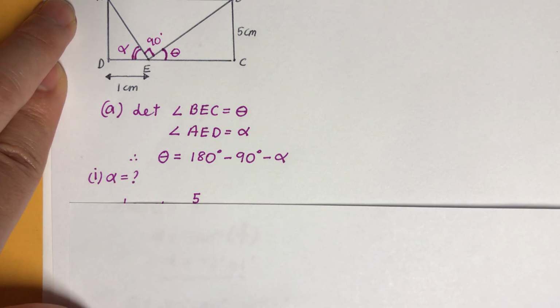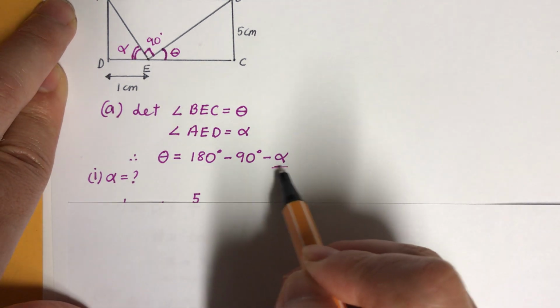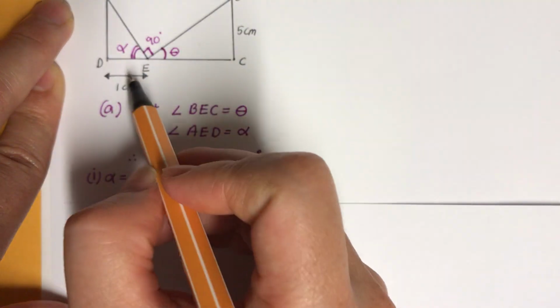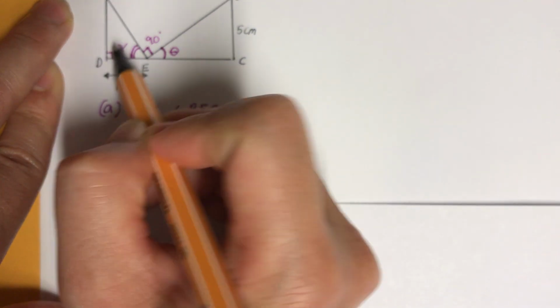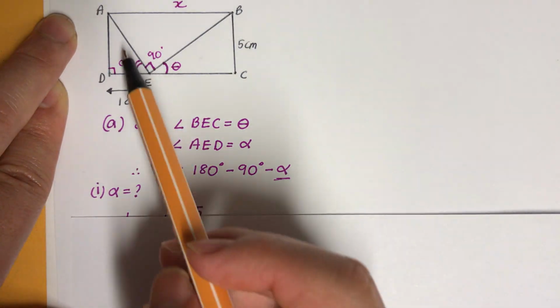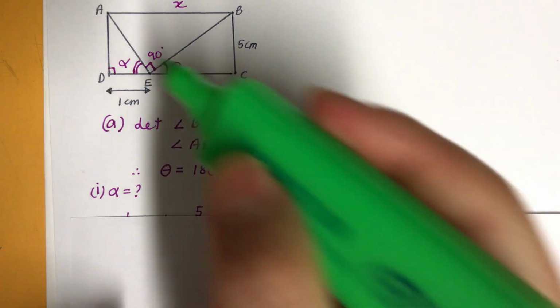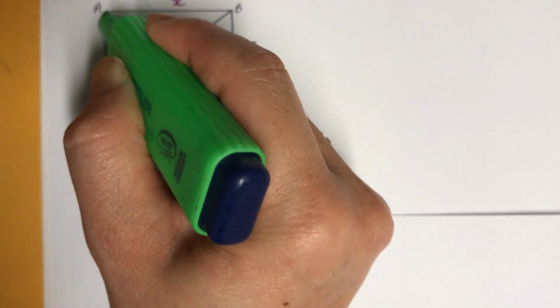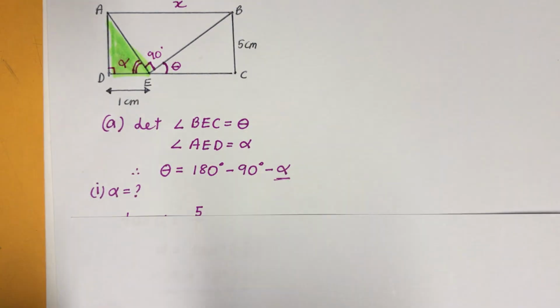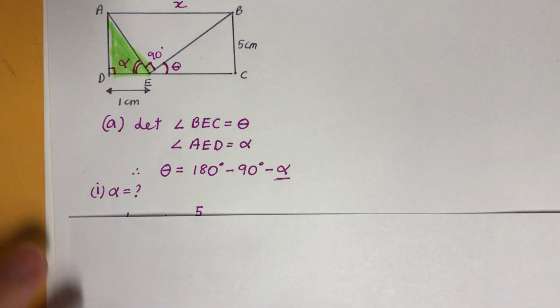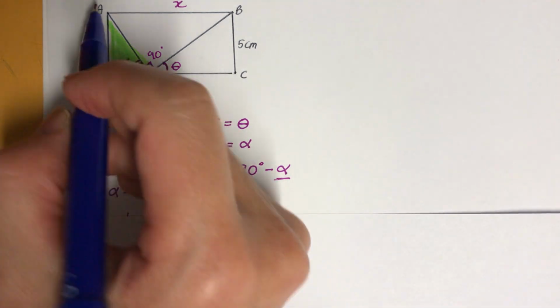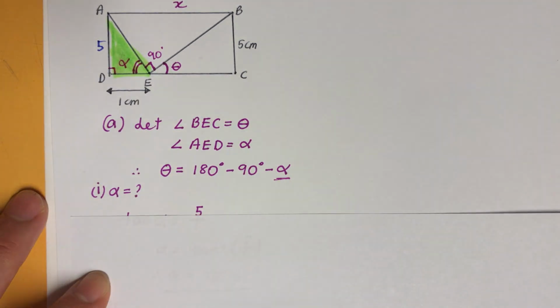So we need to find alpha, so I'm going to use this triangle. This one. So I'm going to color that in. We're looking at this triangle right now, and of course the side is a rectangle, so it'll be the same, 5 centimeters.